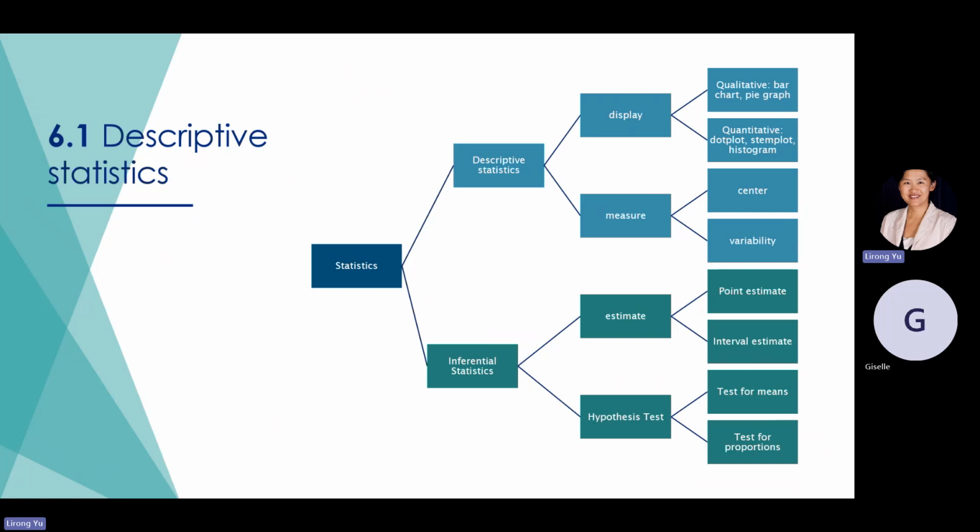Almost all data, you have to do at least two different measures, and they always go hand in hand. For example, if you use the mean to measure the center of the data, you will almost always use the standard deviation to measure the variability of the data. Now, if you use a median, do you know what a median is?